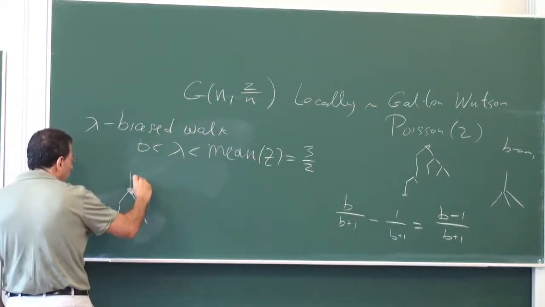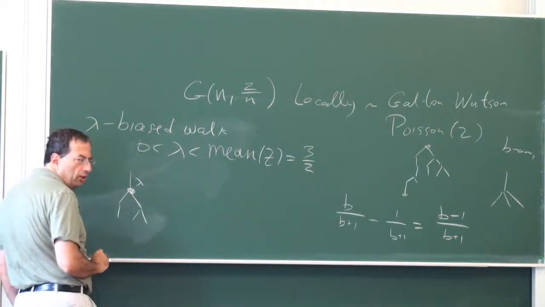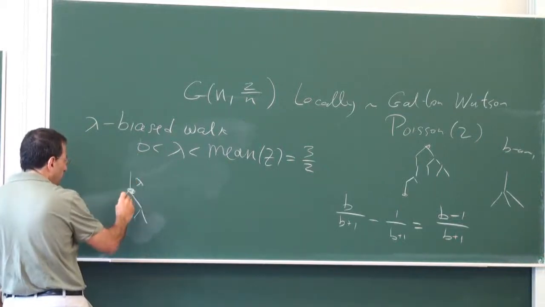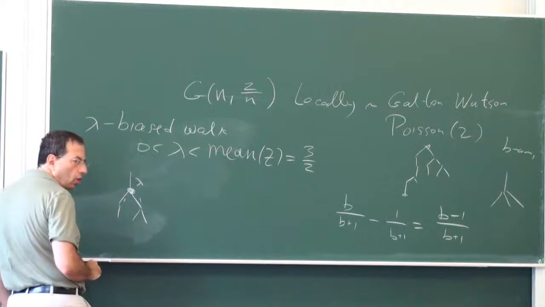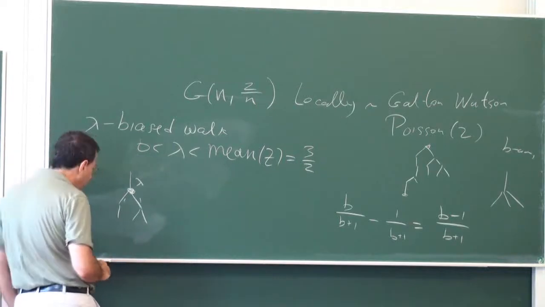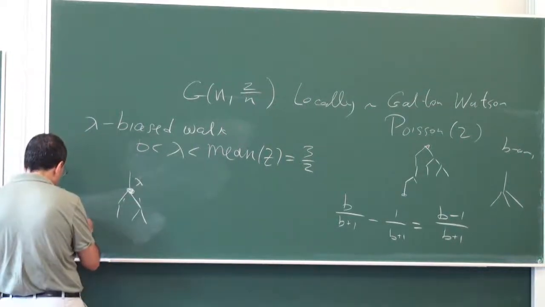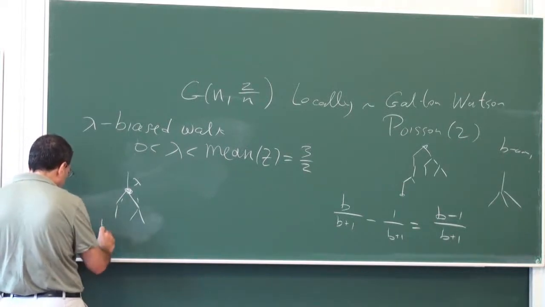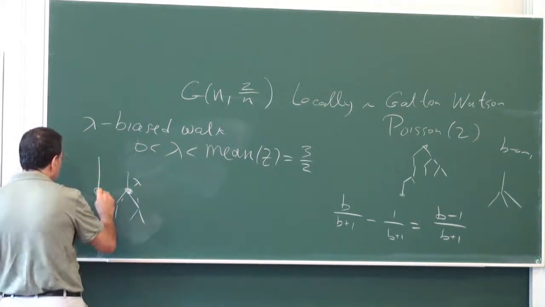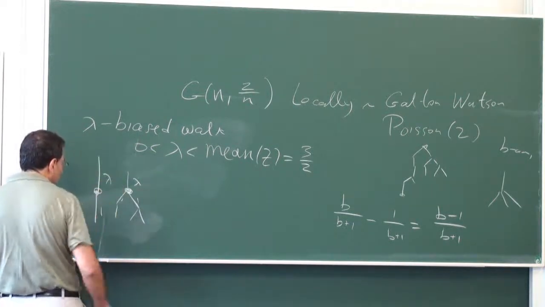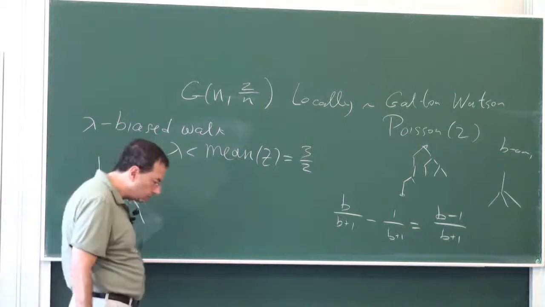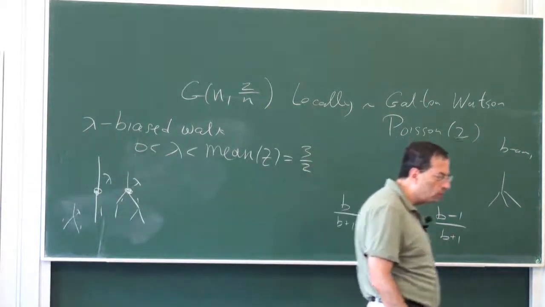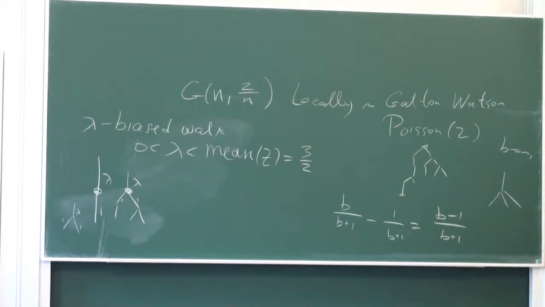And at every node, we put weight lambda on the edge pointing up towards the root, and weight 1 on the children. So we do this at any node. If it has 1 or 2 children, we put lambda on the edge leading towards the parent, and weight 1 on the edge leading away, and we take a random walk which walks proportional to these weights.